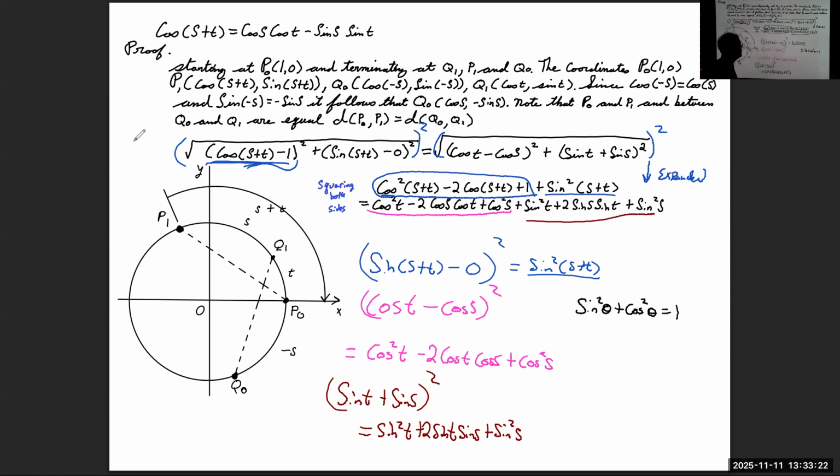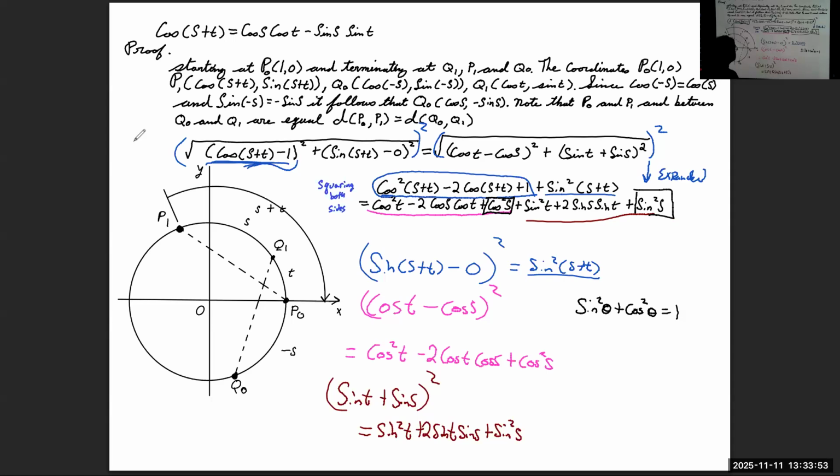That could simplify things quite a bit as long as we have the same angle. I can't mix and match, though it would be nice. So if I happen to have something like sine squared s there, and if I had a cosine squared s, that might simplify. It looks like I have one right here. So that would turn into the number 1. That might be a way to simplify that expression. Okay.